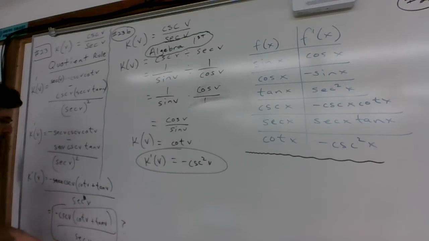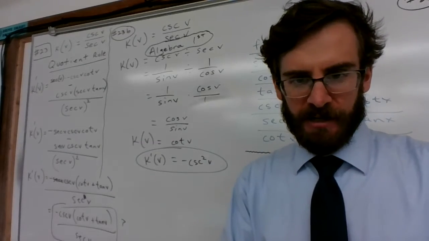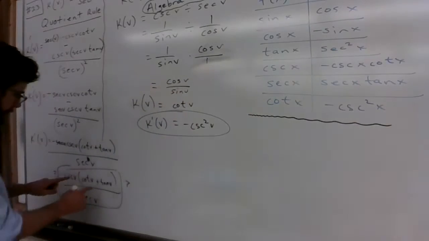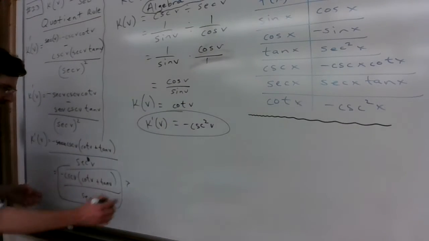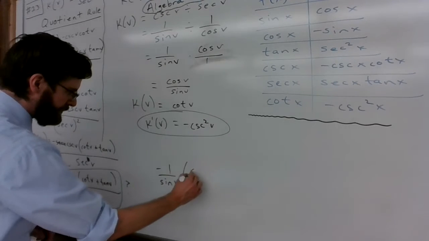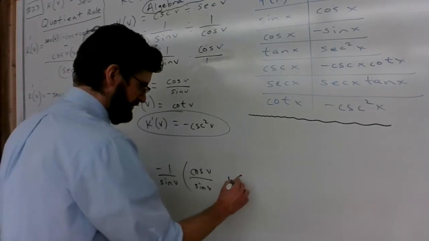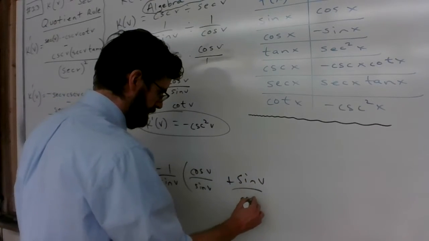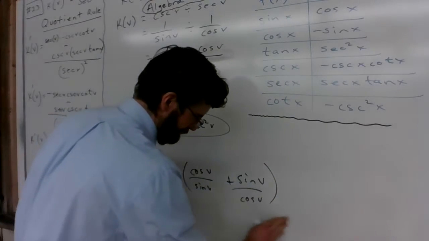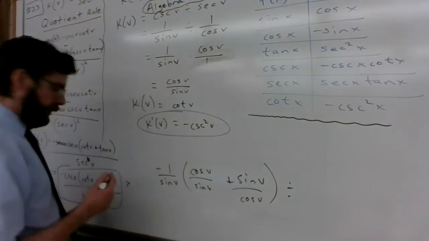Now what we can try to get down to that simplest cosecant squared v, maybe by moving some of these things around. I mean, so that's negative 1 over sine of v times cosine of v over sine of v plus sine of v over cosine of v divided by, maybe we make this a fraction like that, divided by 1 over cosine.